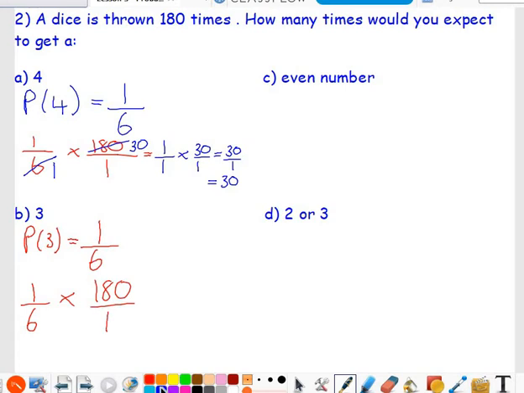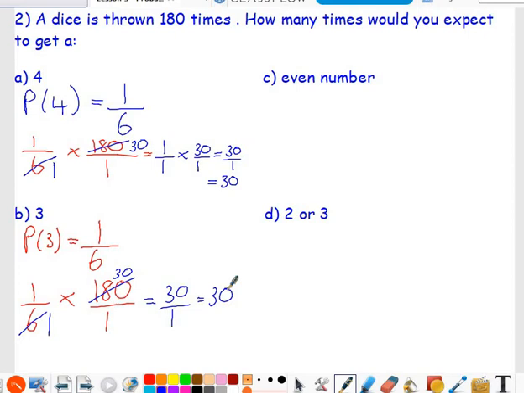Pop it over 1, where we can see we've got the same here, so we do exactly the same. Cross cancel, 6 goes into 6 once, 6 goes into 180 30 times. Multiply the tops, 1 times 30 is 30, 1 times 1 is 1. So we end up with an answer of 30.